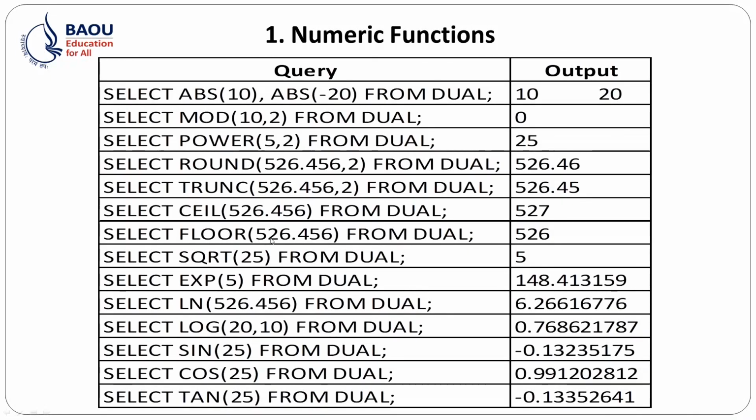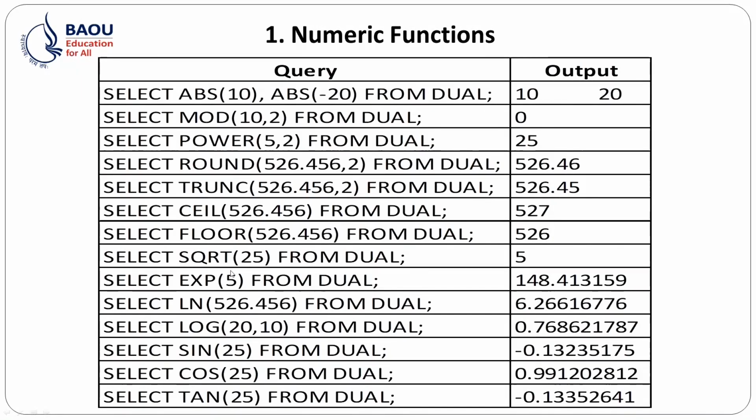Now floor displays the lower number. After the point, whether it is 4, 5, 3, 2, 6, any number, the number before the decimal point is given.